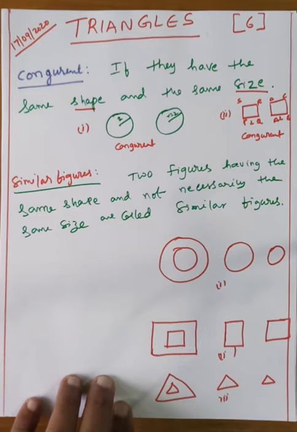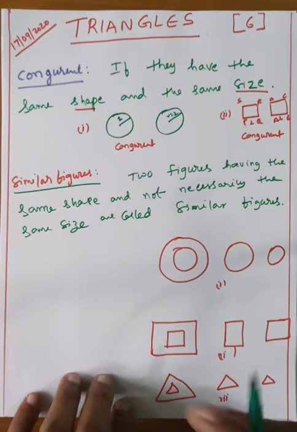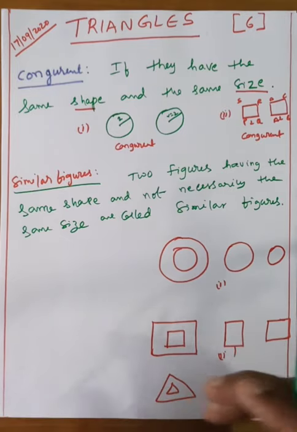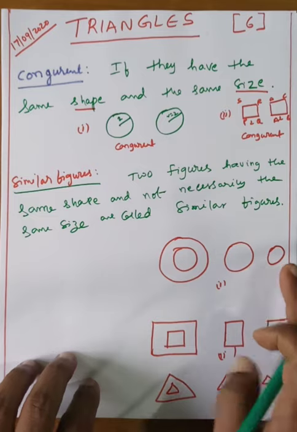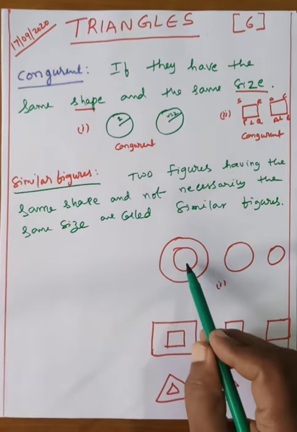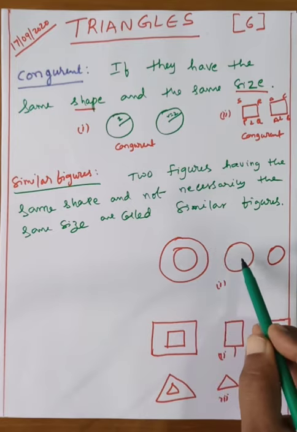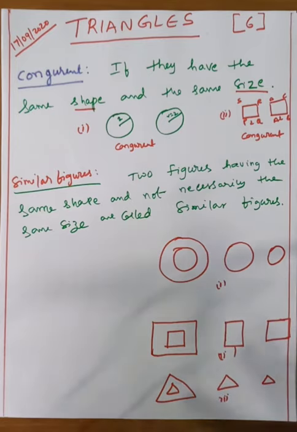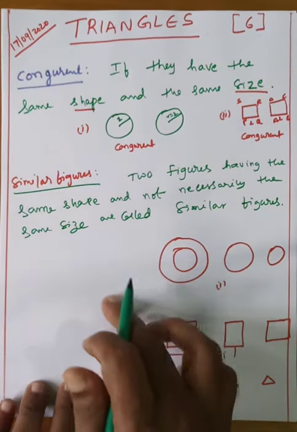What happened, my dear students? Observe the similar figures. These are all circles, so the shape is the same, but the size is different. Suppose this radius is 2, this is 3, this is 1.5, this is 1. These are similar figures.